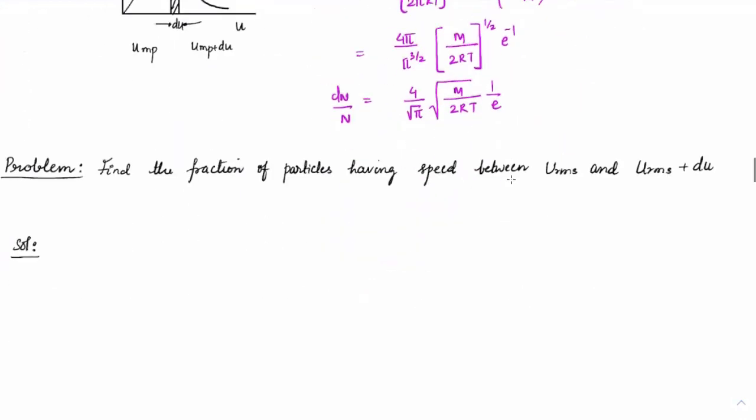When you put 3RT by m, I'm directly writing the final calculation which we will get. dn by n will be equal to something like 4 pi by 2 pi whole raised to power of 3 by 2 into m by RT whole raised to power of half, into 3 times e raised to power of minus 3 by 2. This is what you will get. So I think you should be able to figure it out.